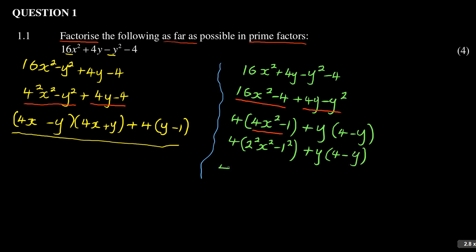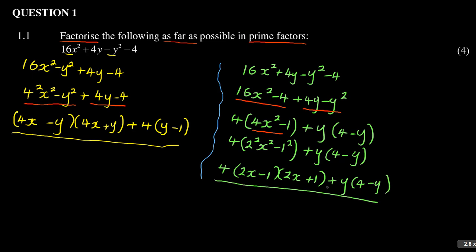So then I can continue now, coming up with my two brackets. As in the difference of two squares, I have 2x minus 1, I have 2x plus 1, and then I have plus y, 4 minus y. So this is as far as I can factorize that.